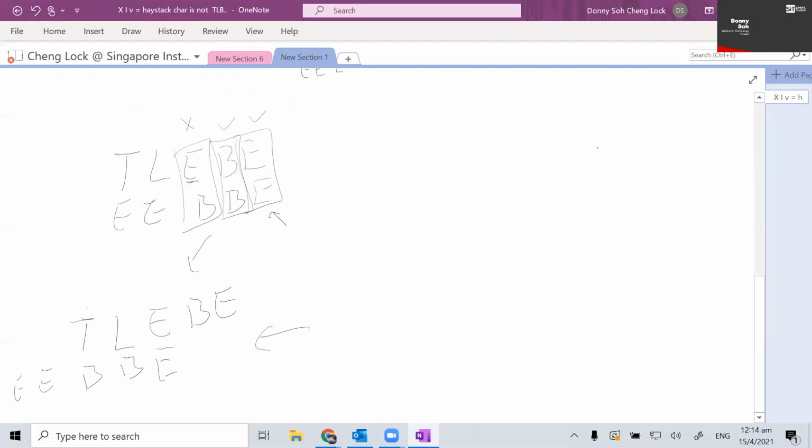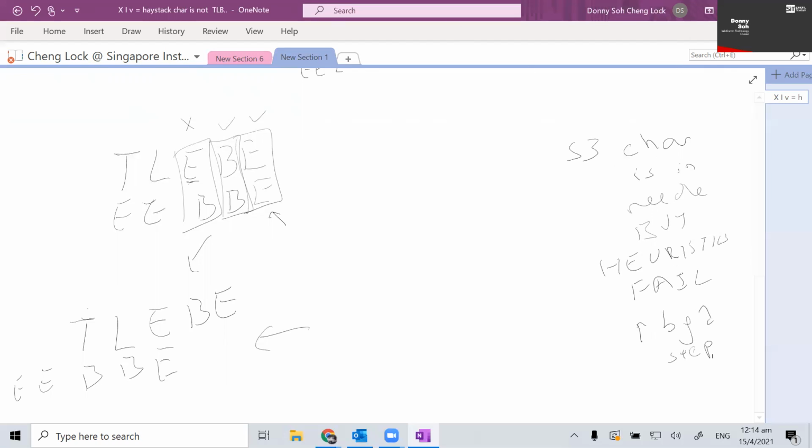Hence, we add scenario 3, whereby the character is in the middle, but the heuristics fail, by which we increase by 1 step.